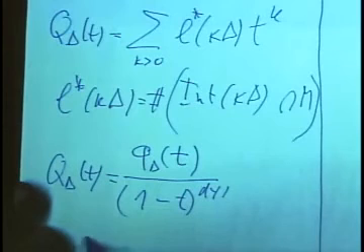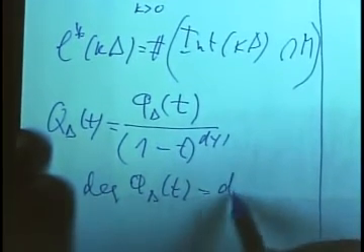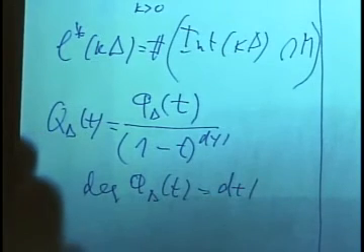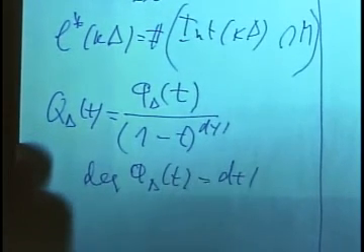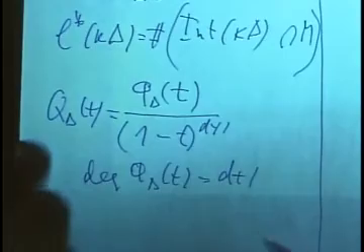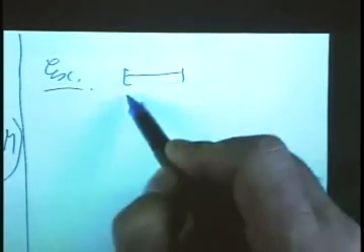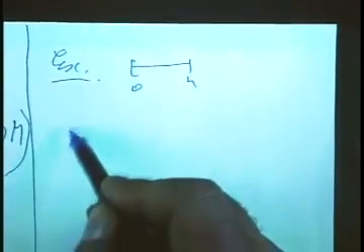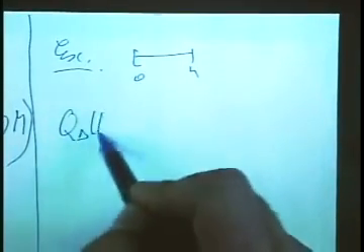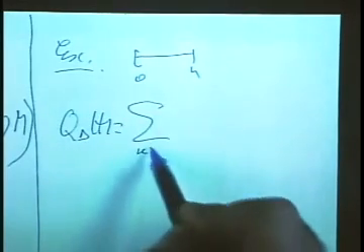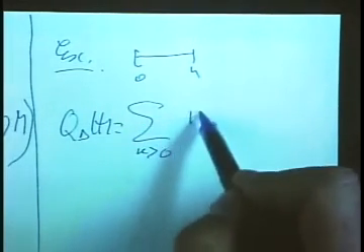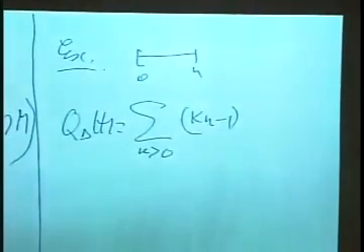The degree of this second polynomial will be exactly d plus 1 because the top coefficient is 1. Again, just as an example, if you take this interval, then the power series you need to sum will be a summation of (kn minus 1) t to the power k.